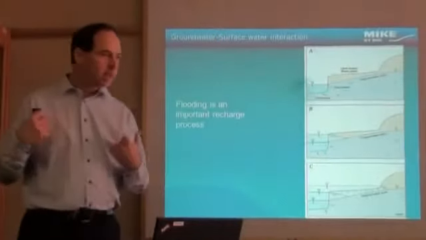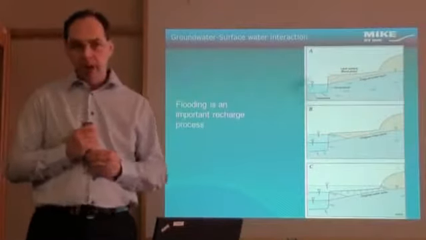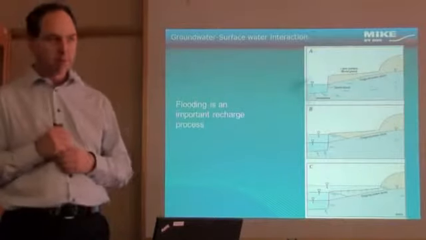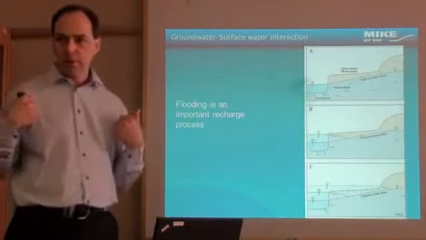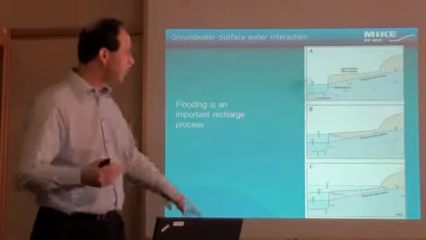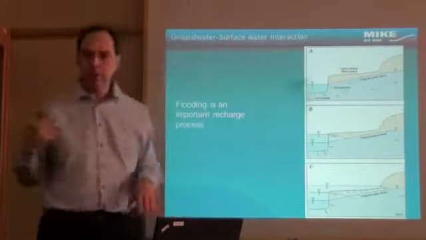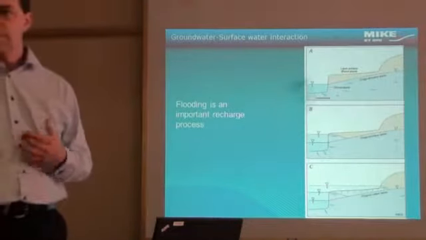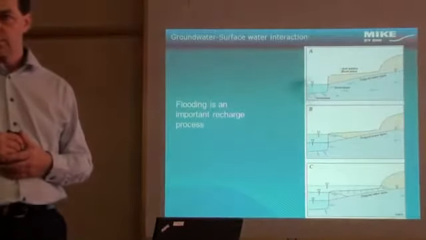Now, if we want to come back and look at something just briefly about flooding, flooding is in fact a very important recharge process. So when our streams and rivers flood on an annual basis, they actually generate a significant amount of recharge in the floodplain, which sustains streams over the dry season.